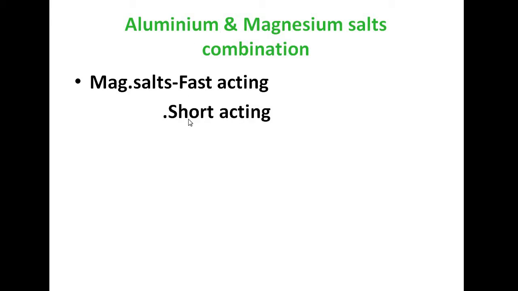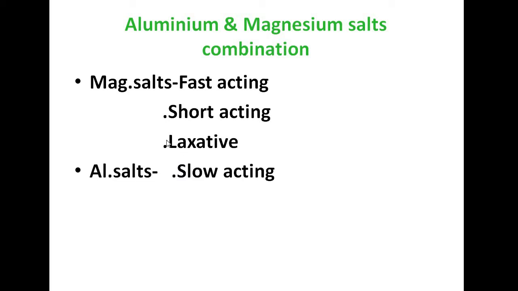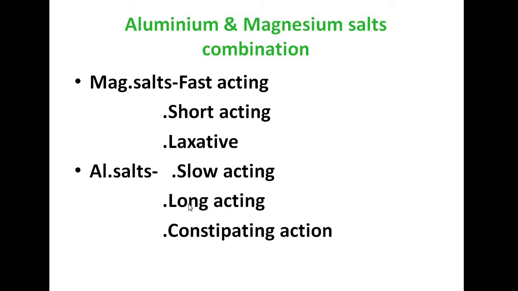Magnesium salts are short-acting, aluminium salts are long-acting. Magnesium salts have a laxative action, whereas aluminium salts have a constipating action. So for these 3 reasons, aluminium and magnesium salts are used in combination as antacids.